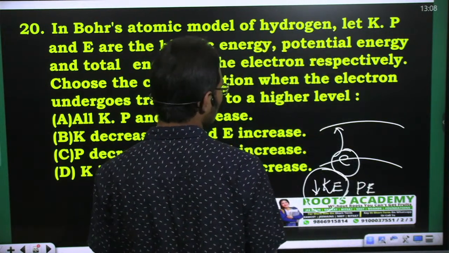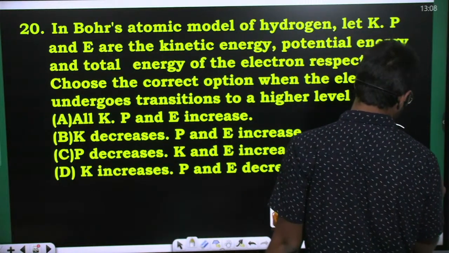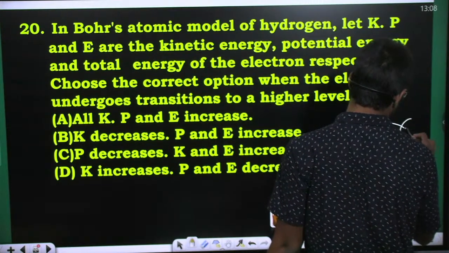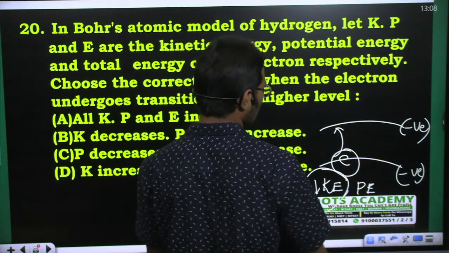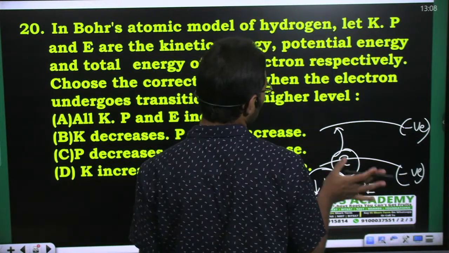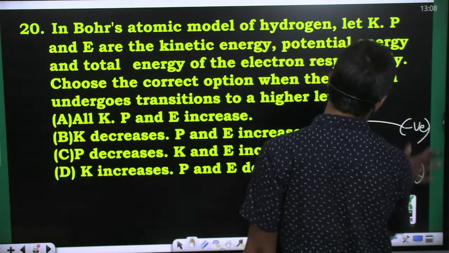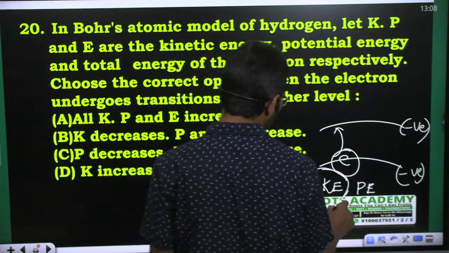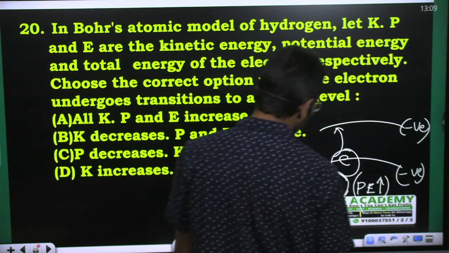Potential energy will be in the form of negative terms. Potential energy at infinity will be 0. Till then it will be in negative terms. So as you move to higher orbits, the magnitude decreases, which means that potential energy increases. Negative magnitude decreases, potential energy increases.